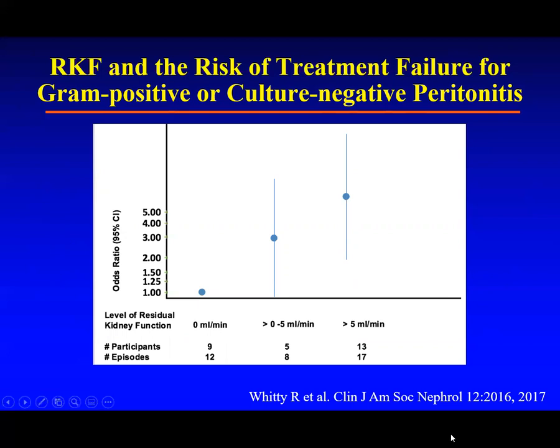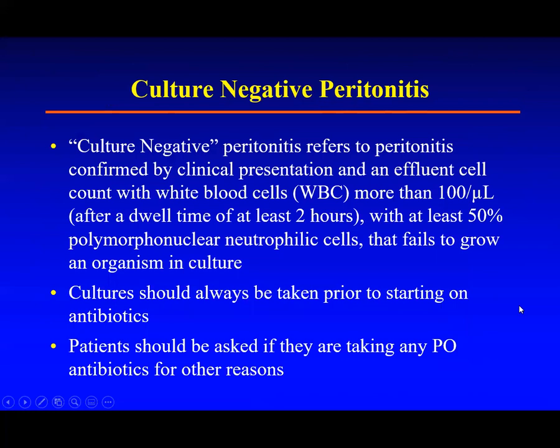And here you can see this is a study out of Toronto, where as compared to patients with no residual kidney function, if they have 0 to 5 mils per minute, there's a higher risk. And if they have more than 5 mils per minute, the risk of treatment failure goes up further. So you do need to consider residual kidney function.